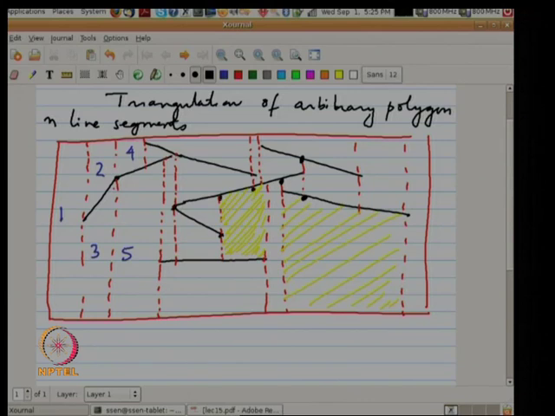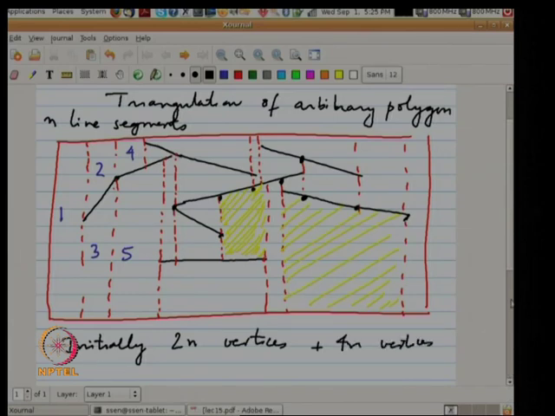So, initially there were 2n vertices, and then to that we have added at most 4n vertices.